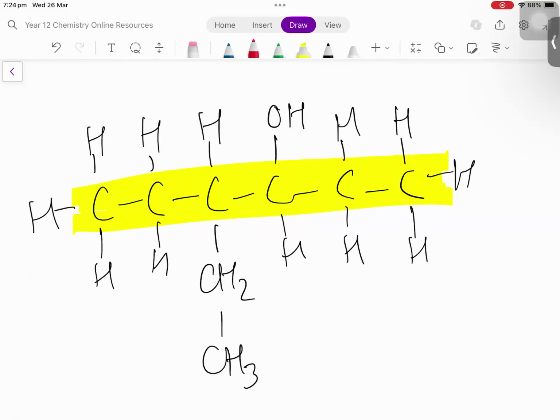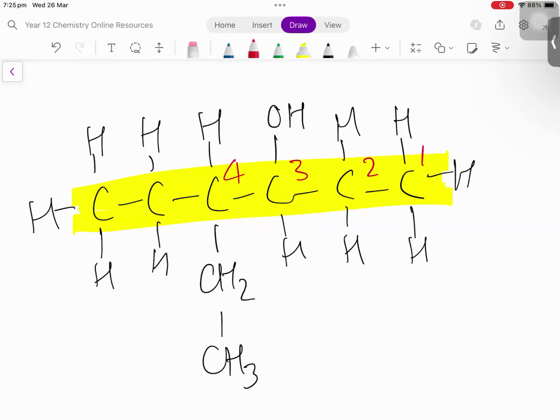I know that's not the way you told me, but we're just comparing. If I start it from the left, it's going to be 4, but if I do it from the right, I'm going to get 3. 3 is a smaller number, so I will start it from right to left.